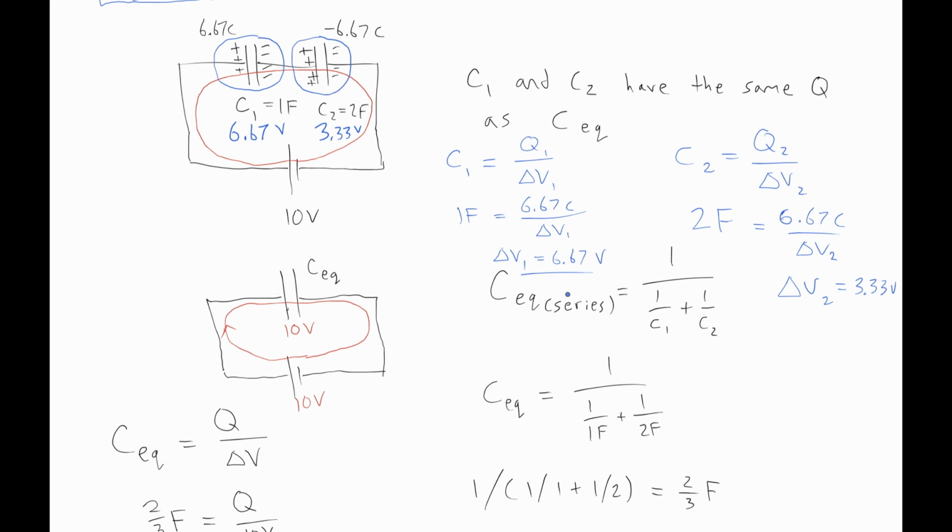Alright, yeah, so delta V1 is 6.67 volts, delta V2 is 3.33 volts. So the capacitor that isn't as good here has to have the larger potential difference in order to attract the same amount of charge that the better capacitor can attract.